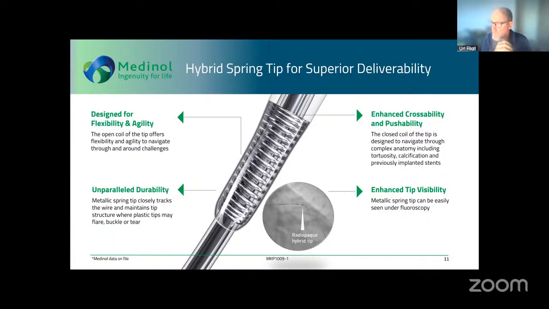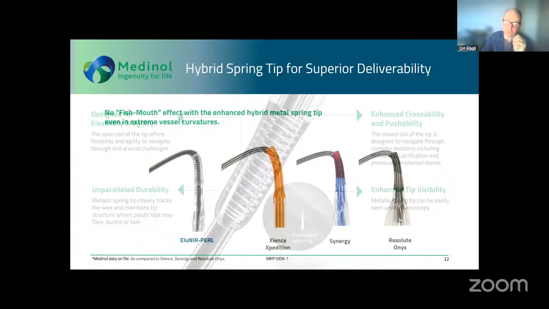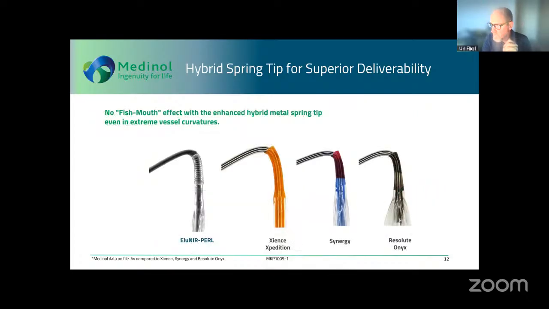Then you have enhanced crossability and pushability. And lastly, it's the only tip in the market that can actually be seen under angio. One of the nice features is that we have eliminated the fish mouth effect that concerns many physicians in the market.